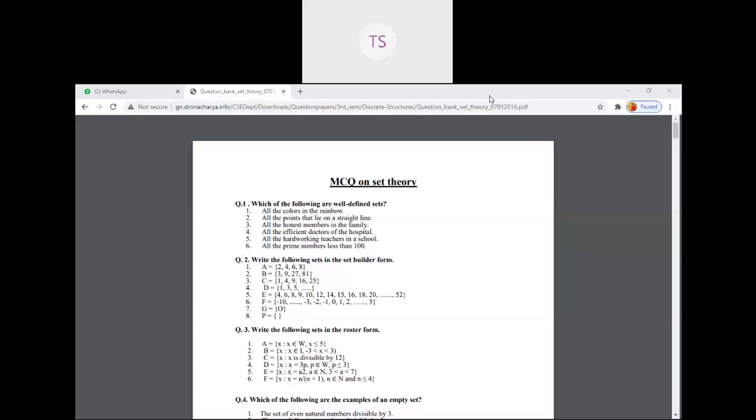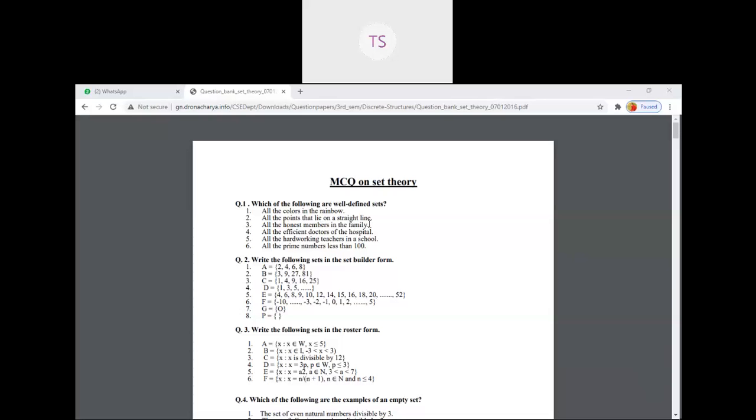Yes, ma'am. Now for option 3, all the honest members in the family. Honesty is a relative word, that means it is not well defined. So all the honest members in the family will not form a set, because it is not well defined.